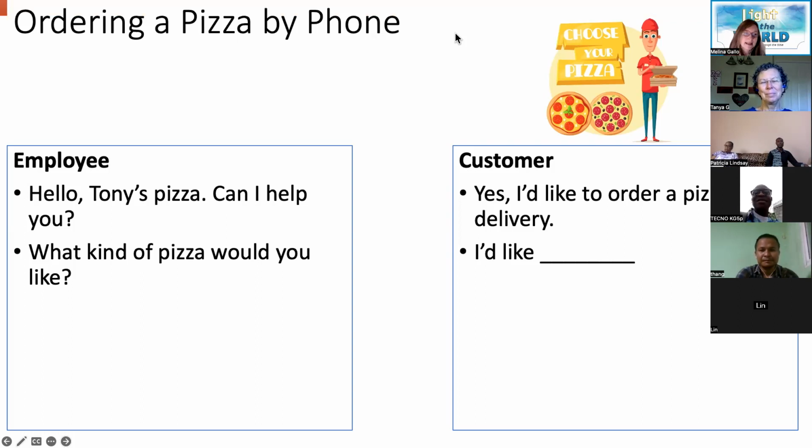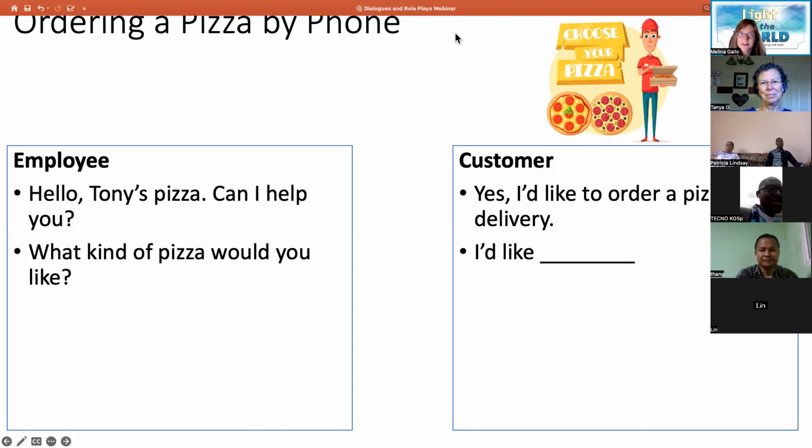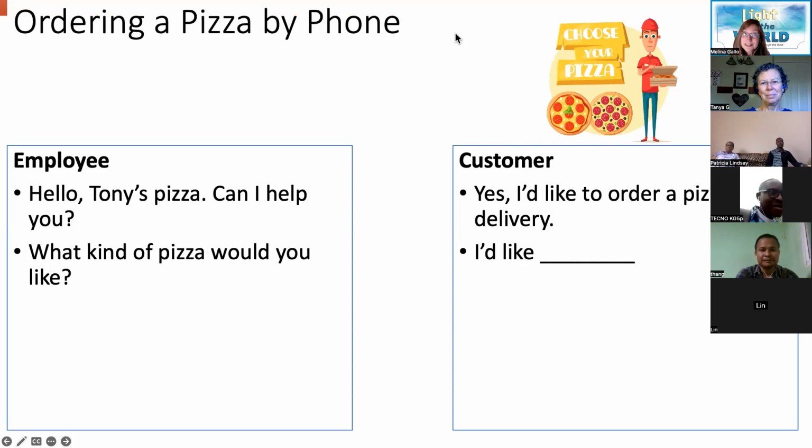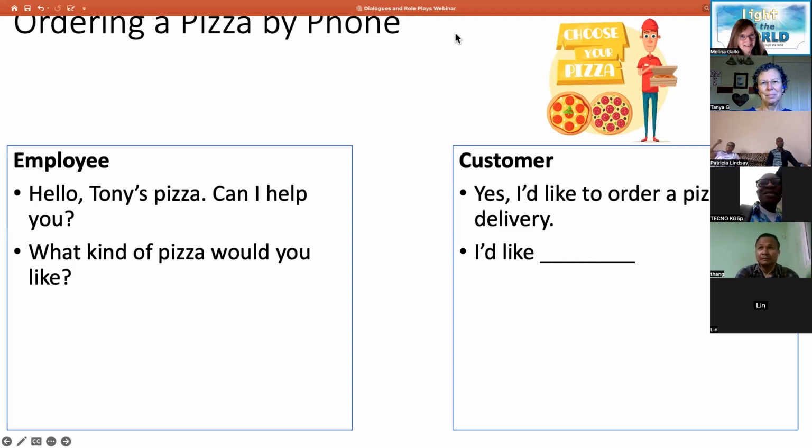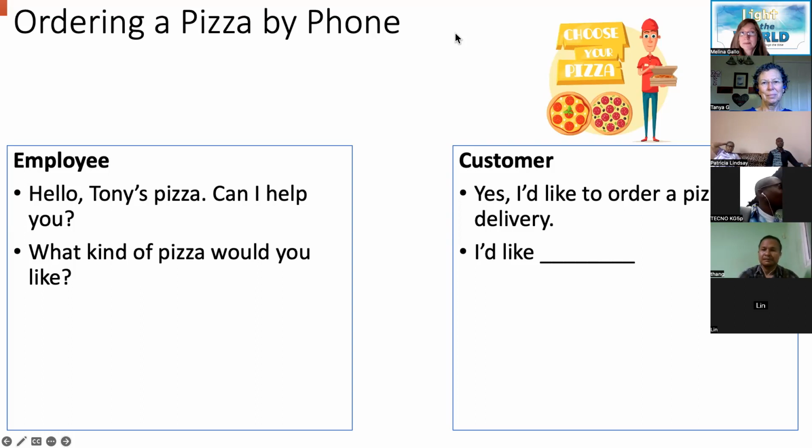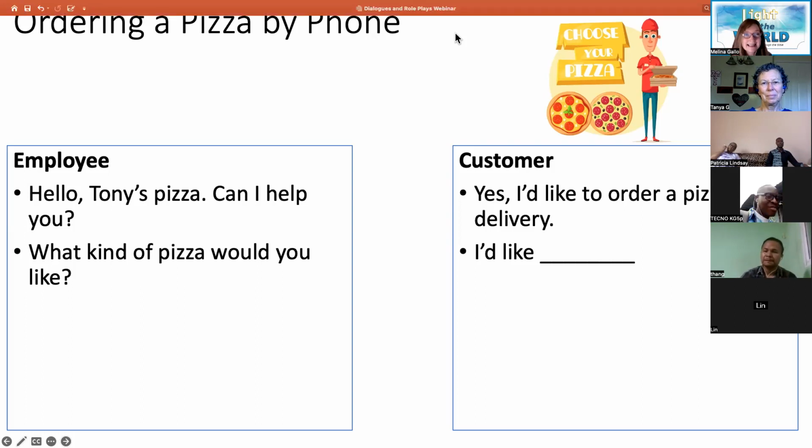So we would vote on all of the toppings we want. Then they would probably ask, how would you like to pay for that? They would ask, what is your address? And you have to tell them the address where you want it delivered. They would probably tell you how long it's going to take. That might be 1 hour.